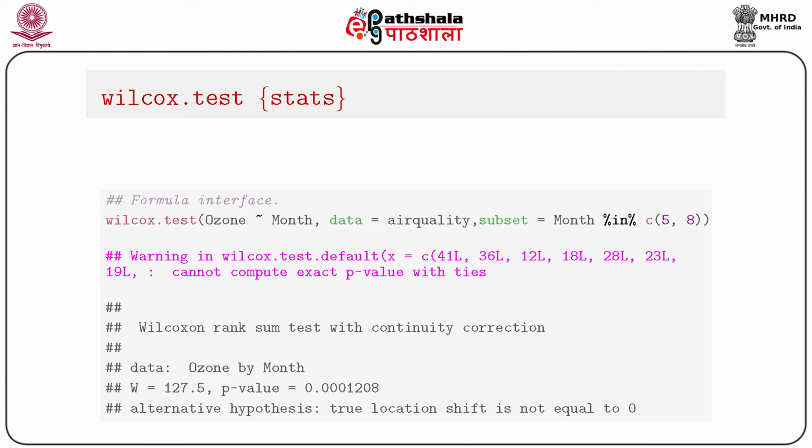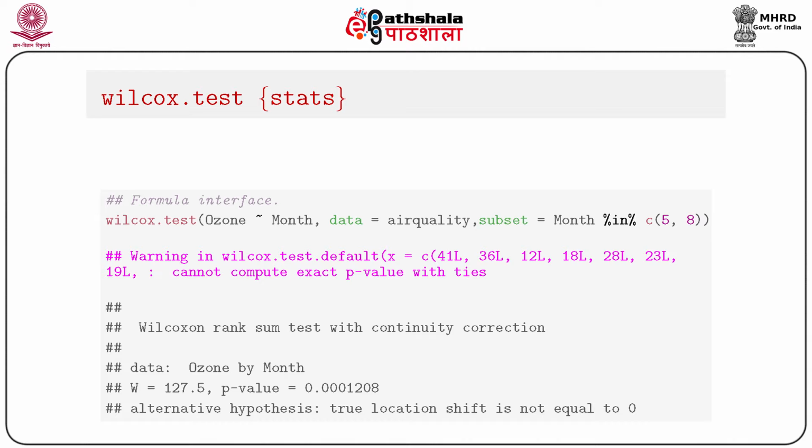If somebody wants to use the formula format, they can use it in this way: wilcox.test, ozone, tilde symbol, then month. So you want to test whether the mean ozone level varies across different months or not, and data equals airquality, and subset we can use on month.